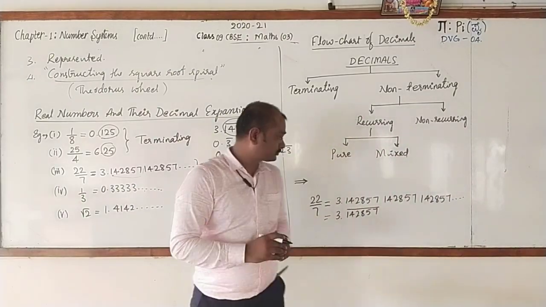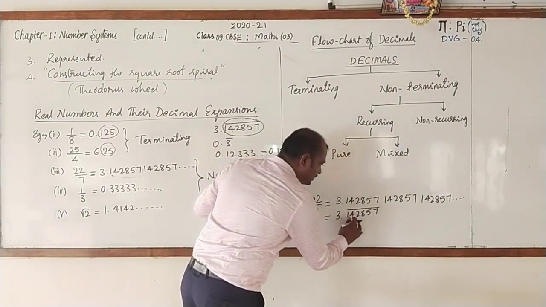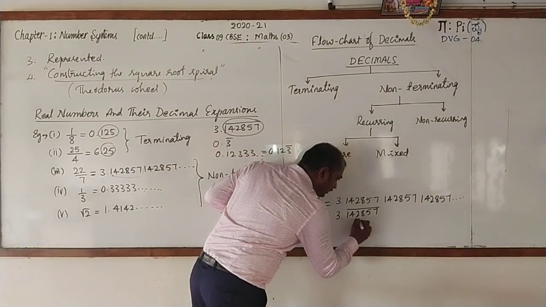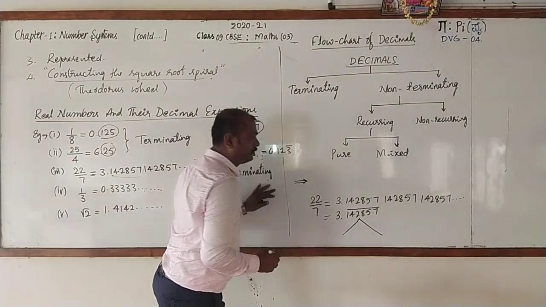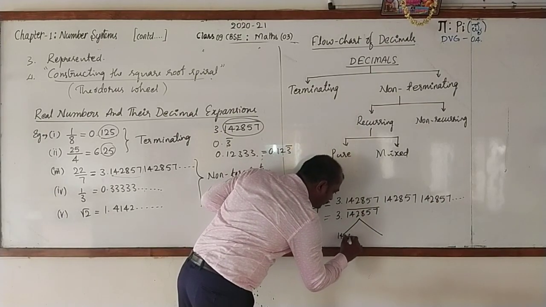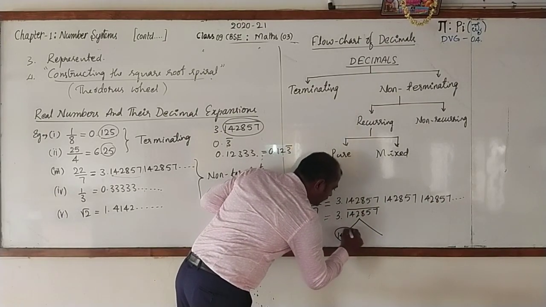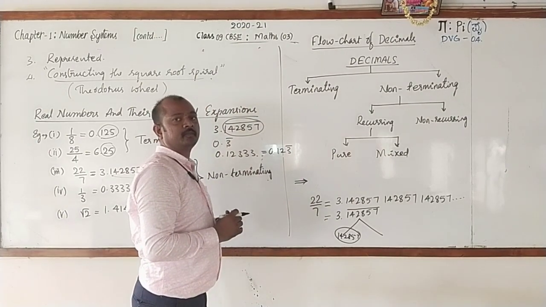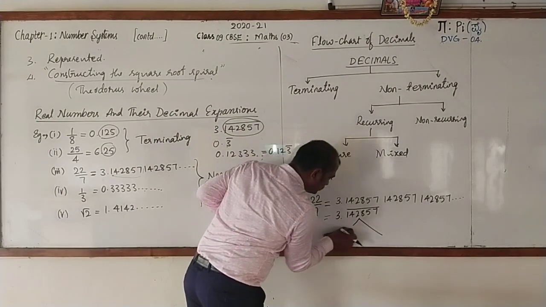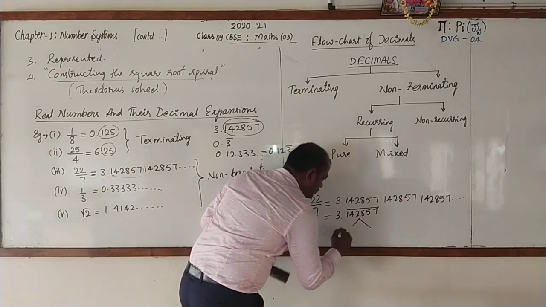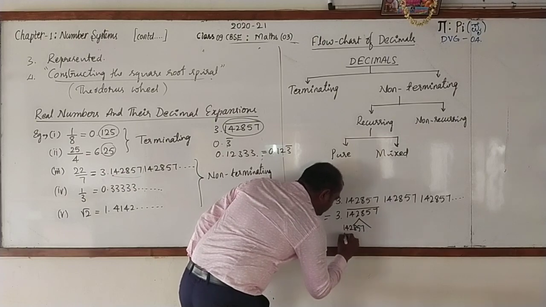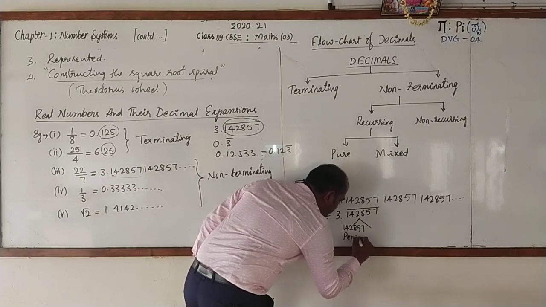Clear? And here, whatever the repeating block is, which is that repeating block? 142857. And this is called the period. Here I'll write: 142857 is the period.